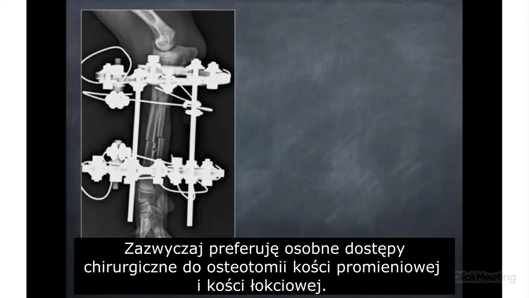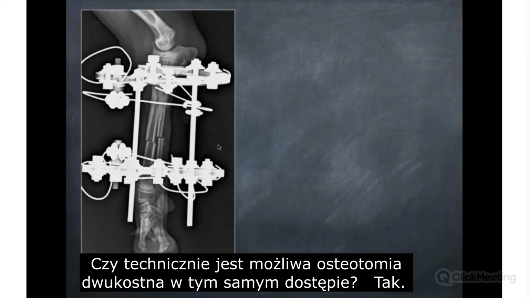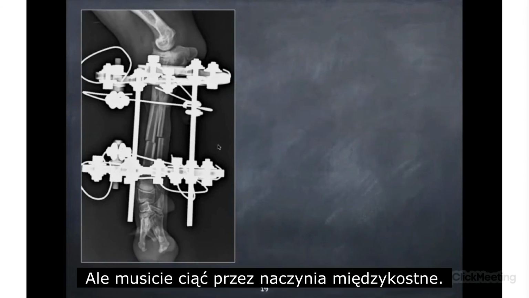I usually prefer to perform separate surgical approaches for the radial osteotomy and for the ulnar osteotomy. It is technically possible to perform the biosseous osteotomy through the same approach, yes, but you have to cut interosseous vessels, okay?